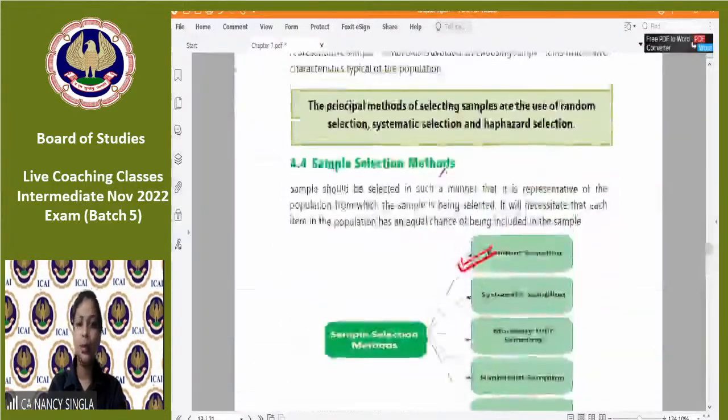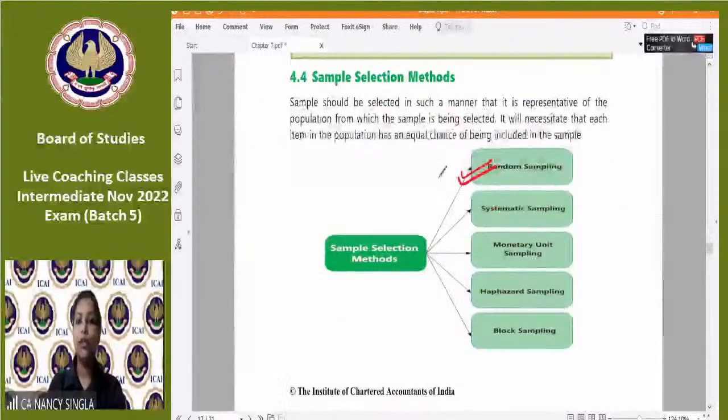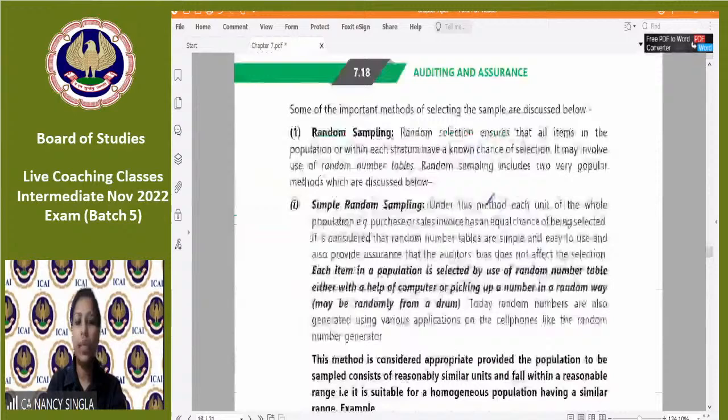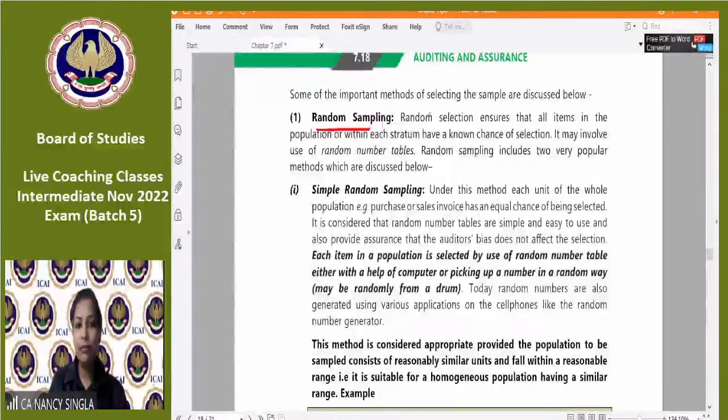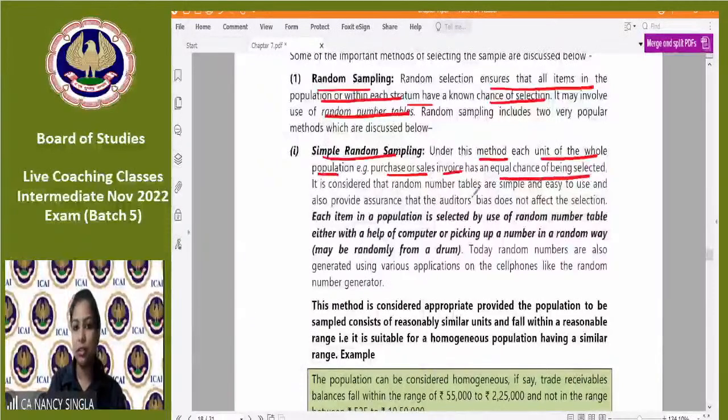So let us just have a look at the module, whatever we have done. Then I'll take you through the further methods. So we did random sampling and systematic sampling. So see, random sampling. Random selection ensures that all items within the population have a known chance of selection, using random number tables. Simple random sampling: under this method, each unit of the whole population, that is purchases or sales, has an equal chance of selection.